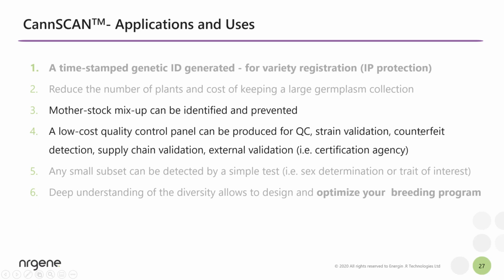People have told us that they have suspected samples that they think somebody's ripping off their brand. Is there a way to prove that? So yes, with CannSCAN, there's a way to show such counterfeit cases, you can test two samples and ask this question, are they identical or different? Supply chain validation, and then external validation. Seed certification agencies in other crops require genetic testing. In hemp, this is probably soon to also be accepted as a way to test authenticity and true to type.